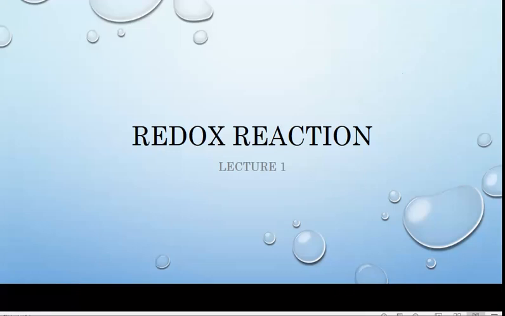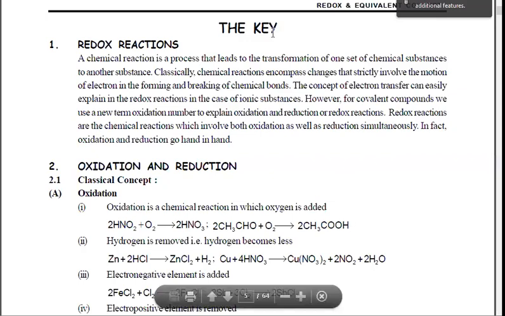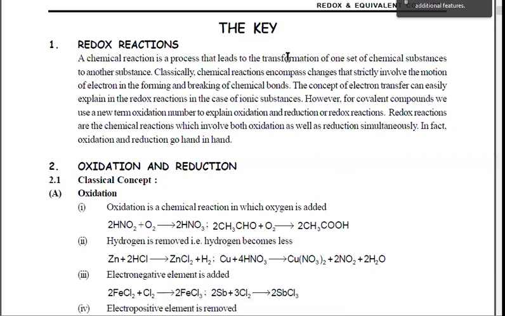Okay, very good, right? So when you talk about oxidation or reduction, whatever we have studied in class 10, it was associated with oxygen, right, everyone? The gain of oxygen was termed as oxidation, or removal of hydrogen was termed as oxidation.